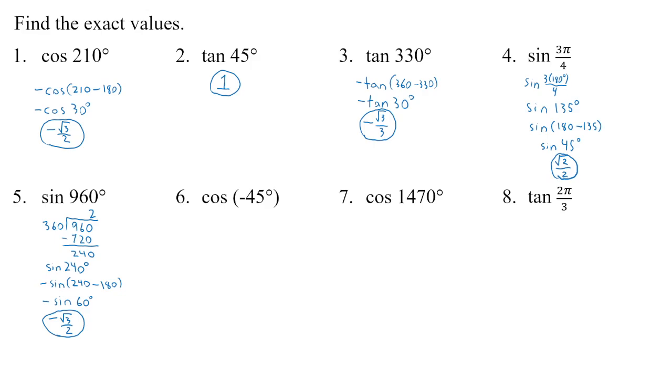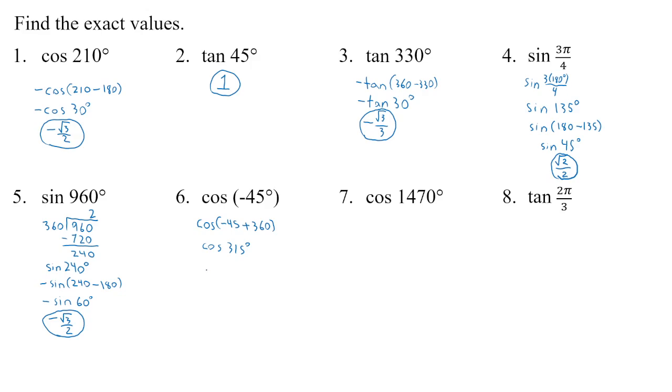So we have cosine of negative 45. Now here we got a negative degree measure. So to make it positive, we're going to add 360 degrees to it. And you will get 315 degrees. 315 degrees is more than 270 and less than 360.